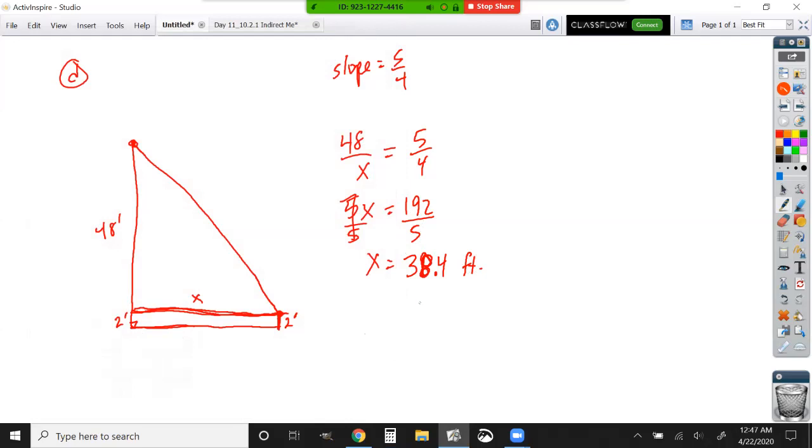Now I wasn't feeling good about that number. But they ask us, is he going to have enough rope if he only has 62 feet? If I know that this now is 38.4, how long is this rope going to have to be? So we're back to that hypotenuse problem. 48 squared plus 38.4 squared has to equal hypotenuse squared.